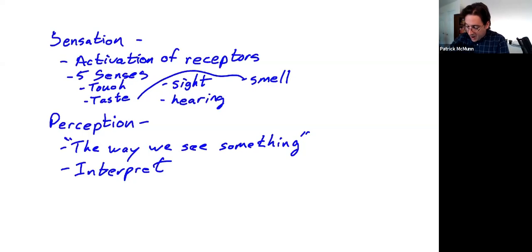So anyway, sensation is the activation of those receptors that then send a signal to our brain. Now our brain, once it receives those signals, based on experience, tells us what those signals are and what we're going to do with them. So that's the interpret part, as one of you had said earlier.